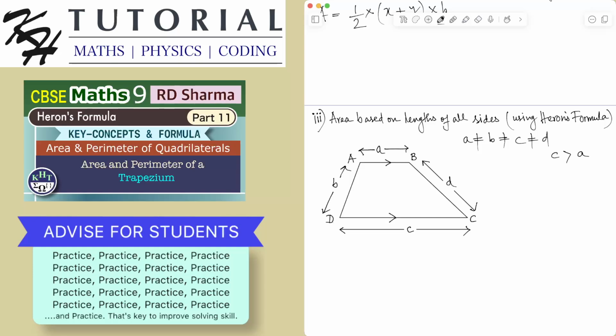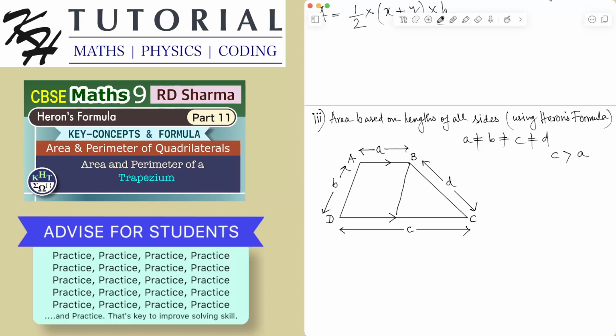So in this scenario, what I will do is that from the vertex B I will draw a line parallel to AD, or you can draw a line from the vertex A parallel to BC. Both ways it will be the same. So I am drawing a line from the vertex B parallel to AD.